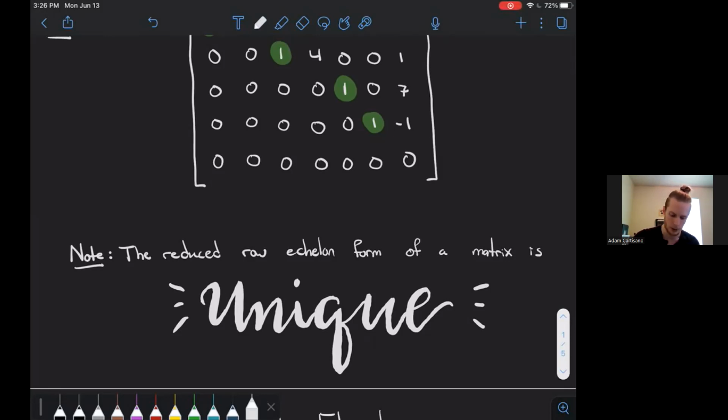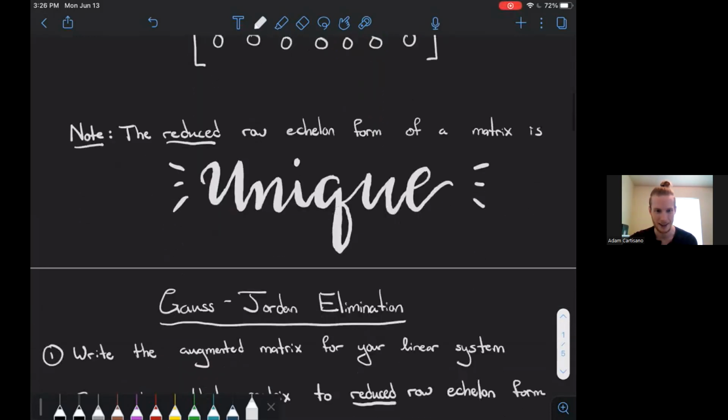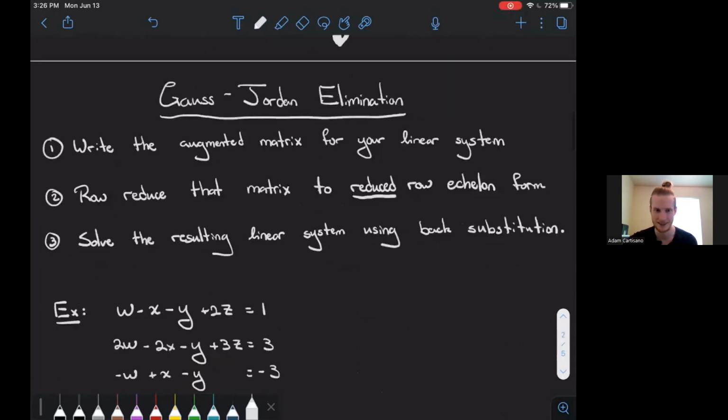But reduced row echelon form for a matrix is, surprisingly, unique. There's only one way to write any given matrix in reduced row echelon form. It's a very, very handy property. Also, beautiful word, unique.